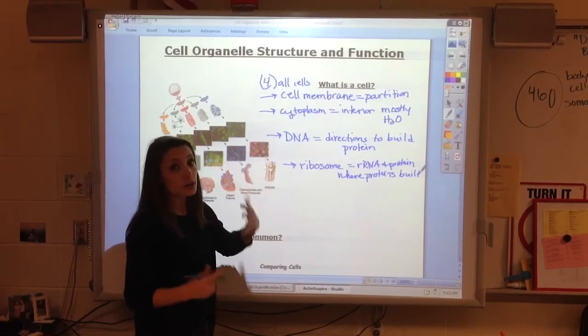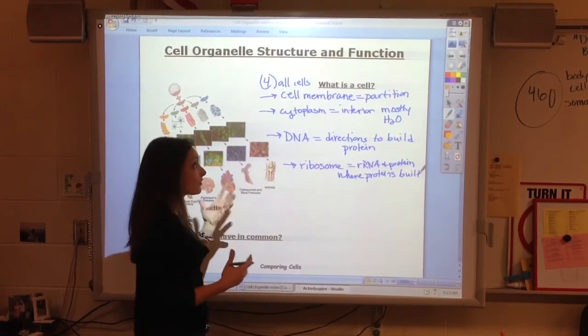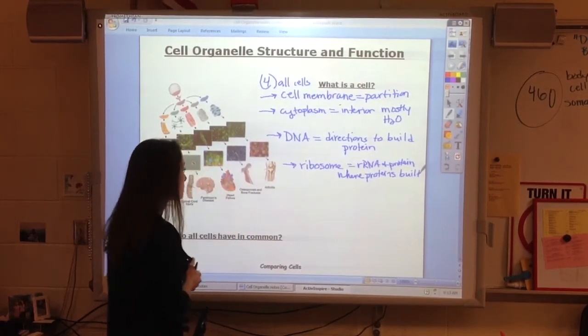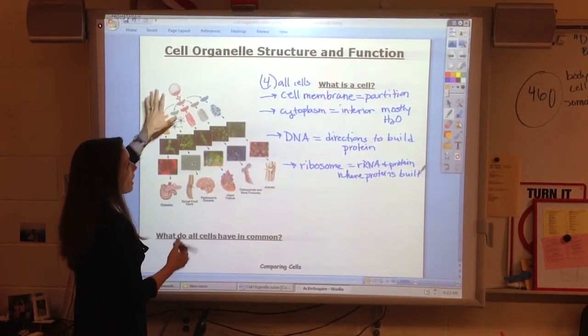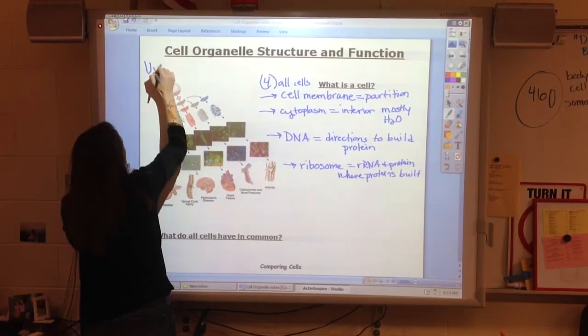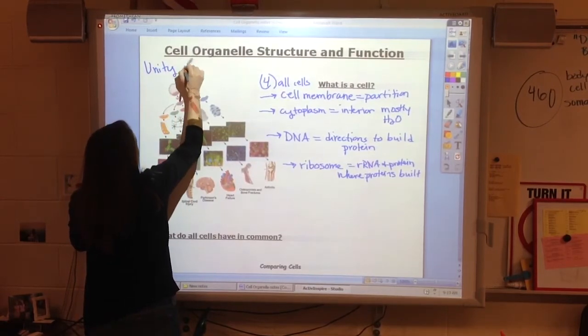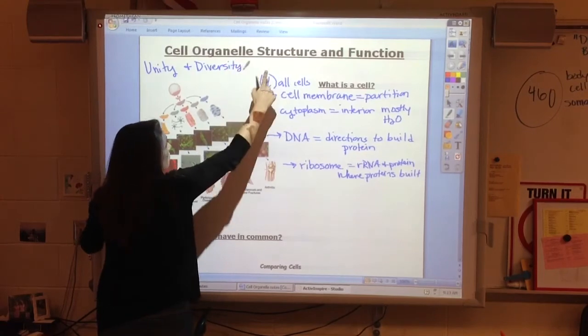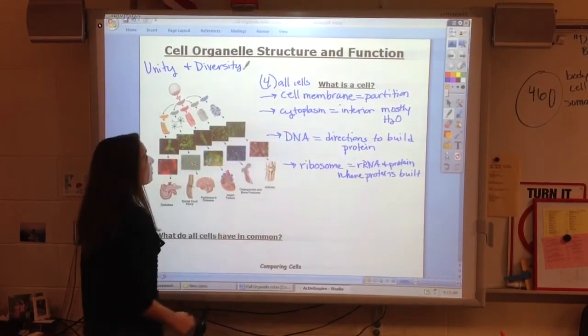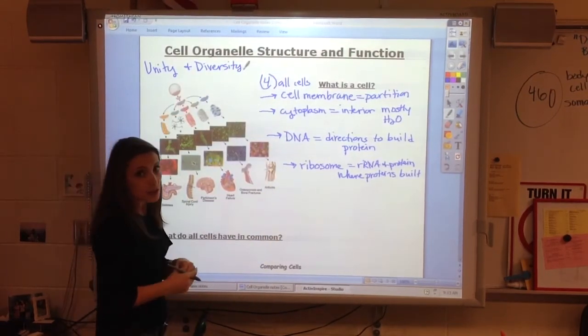How much, how little, the way that they're differentiated, that's what makes different cells different. So one of the things that we'll look at in this unit is the idea of unity and diversity. So what do all cells have in common? How are different cells different?